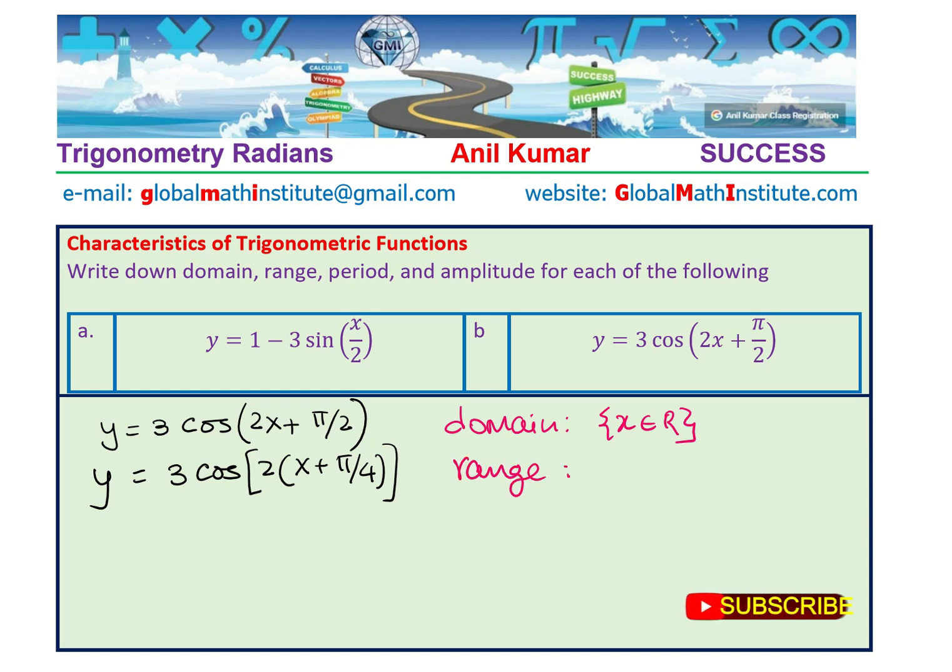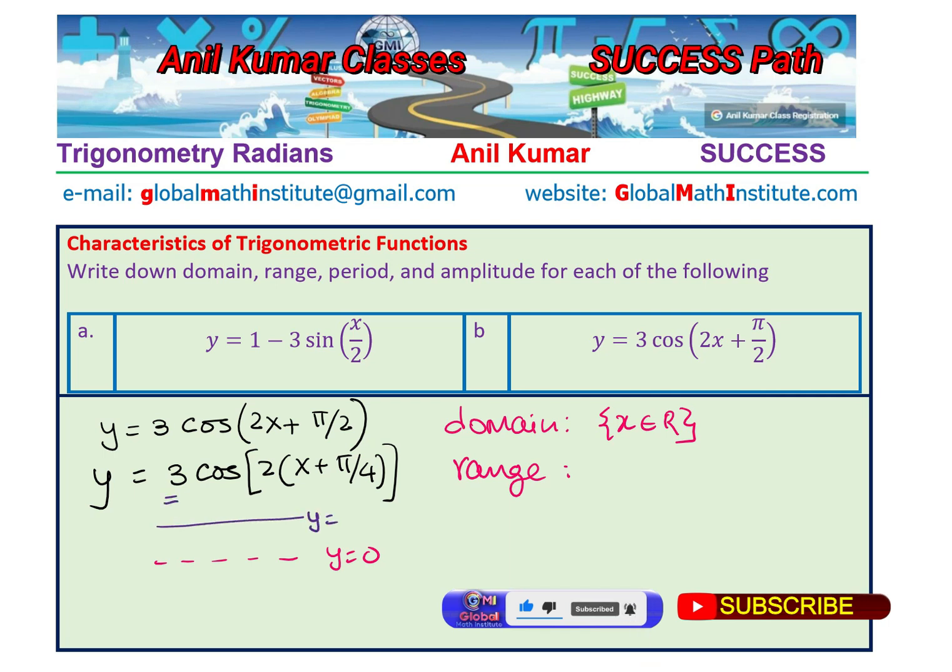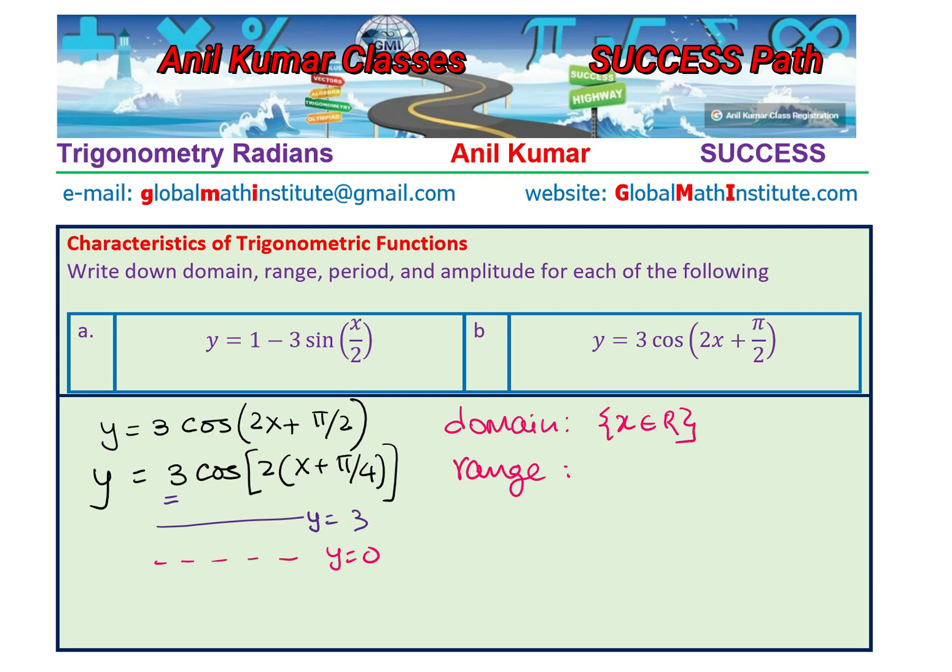So from the axis, which is in this case y equals 0, you will go up 3 units, right? So plus 3 and minus 3. So range in this case is y belongs to real numbers, where it is from minus 3 to 3.